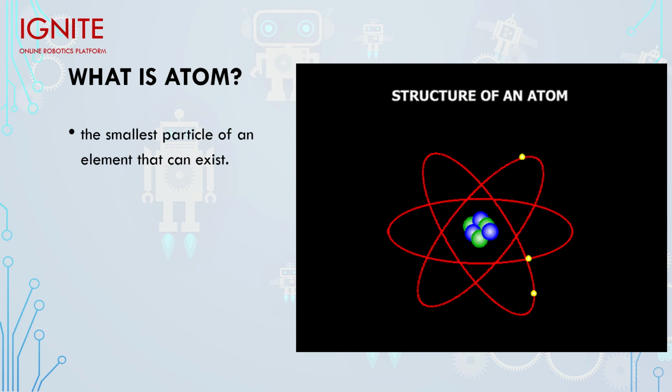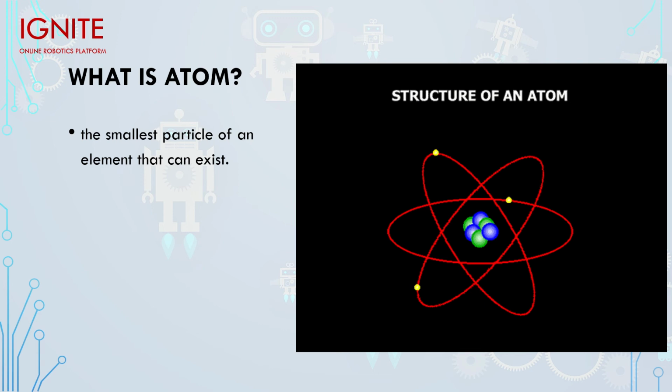If you take a small table and break it into very small parts, a part you can handle with a finger, and then break that into a smaller part, the smallest particle which you cannot break even through a microscope, that is called an atom.